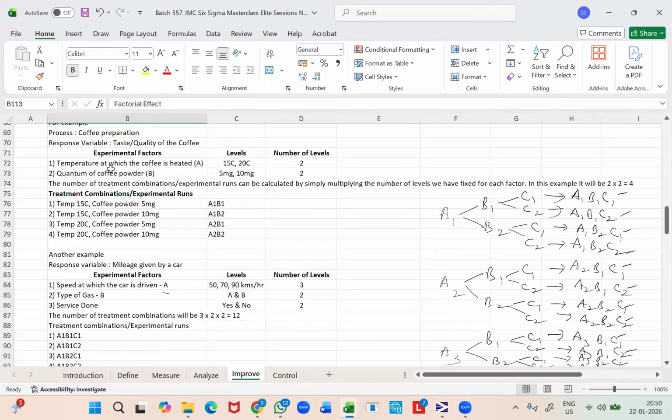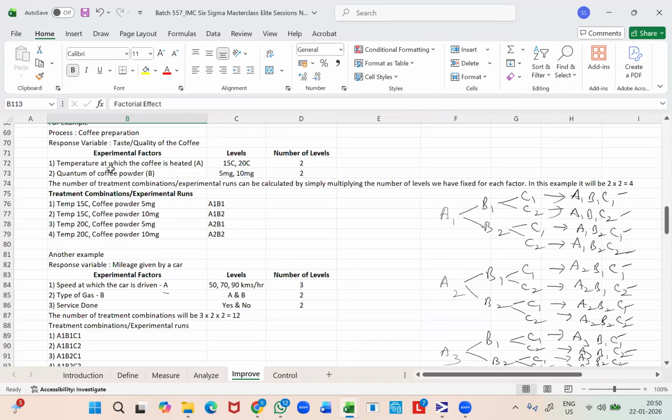Or since we have two experimental factors, the interaction effect is also possible. So temperature into quantum of coffee powder can also interact together and then create that wonderful impact as far as the taste of coffee is concerned. So there are three factorial effects that we can identify for the scenario wherein we have two experimental factors, right?